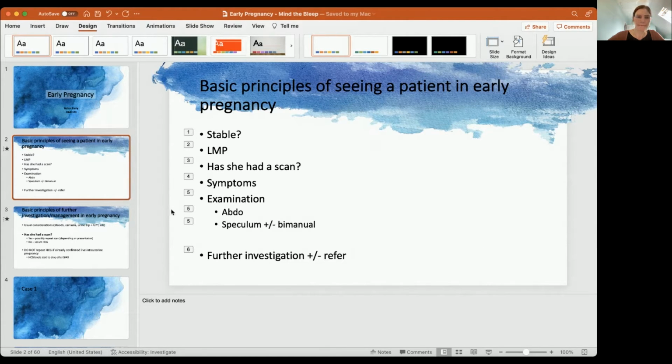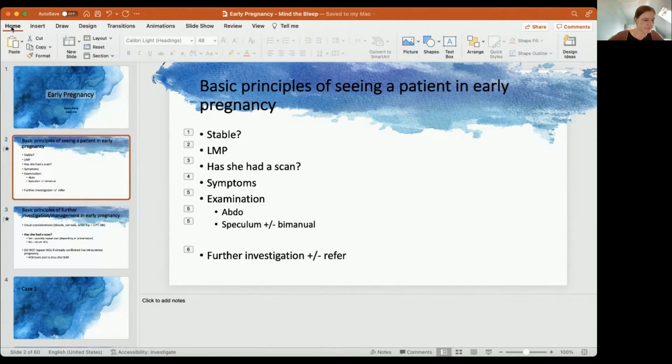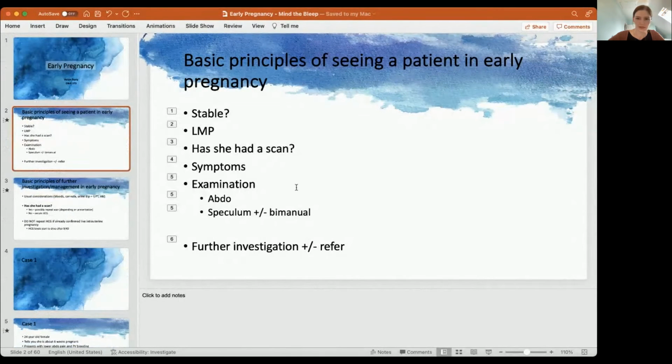Someone's saying if you press the third button, it will present it. Just press F5. Okay, thank you. Sorry, everybody.